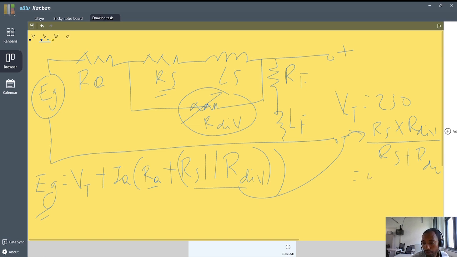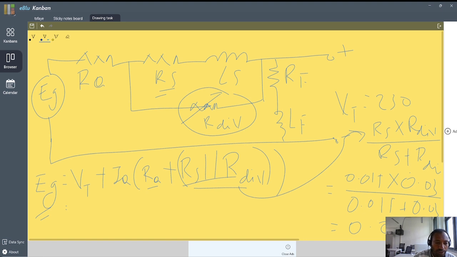What is this? 0.015 times 0.03, it's already given, divided by 0.015 plus 0.03. So this value is going to be 0.01 ohm. See, this is a parallel combination.